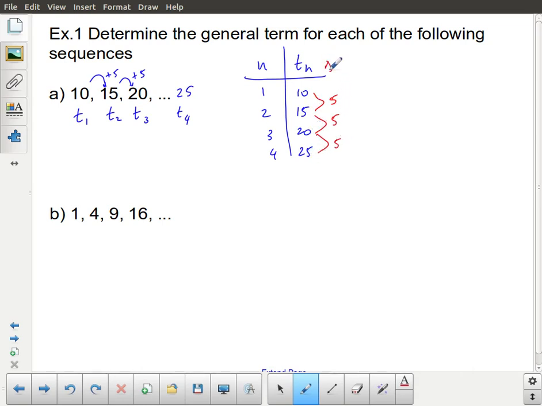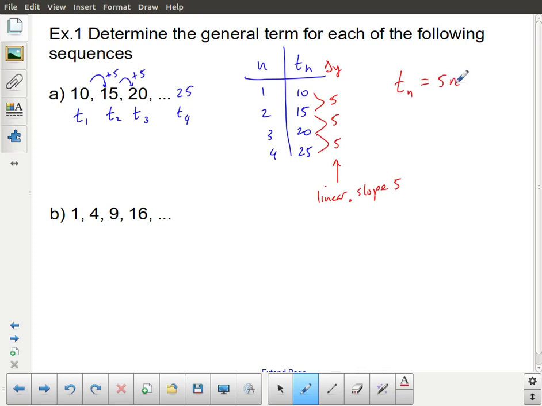These are the same, which means this is linear. So there's the first part. And our slope is equal to 5. That gives you the hint that Tn has something to do with multiplying 5 times n.